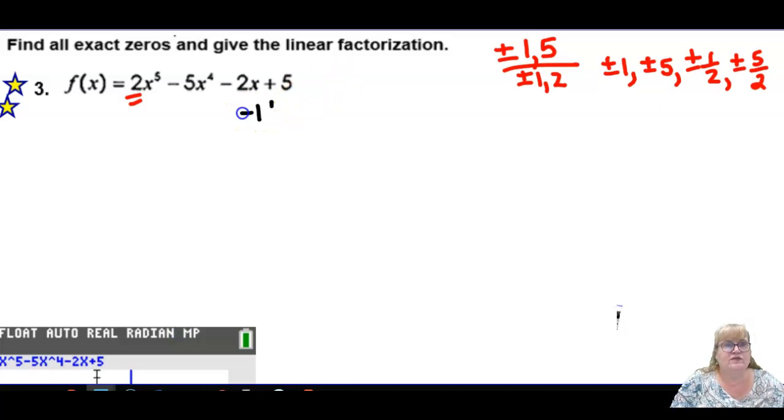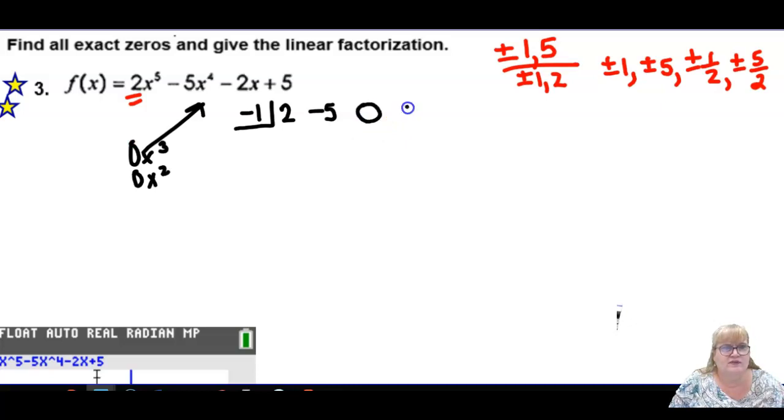So if I do -1 into 2x to the 5th minus 5x to the 4th, we need some placeholders. There's 0x cubed or 0x squareds in there. So this is a tricky one because we have some zeros. There's no x cubed or x squared, so we had an x to the 5th, x to the 4th, x to the 3rd, x squared, then an x to the 1st, and a constant.